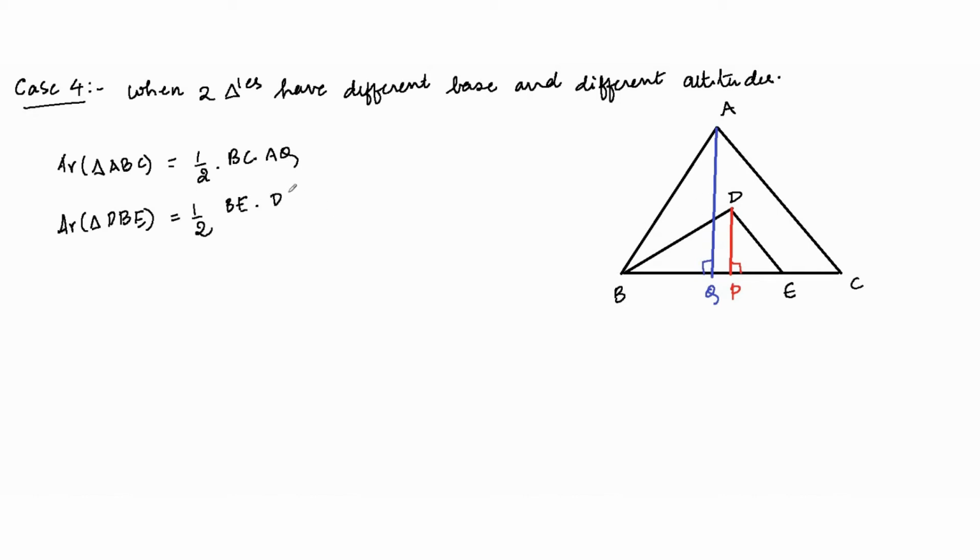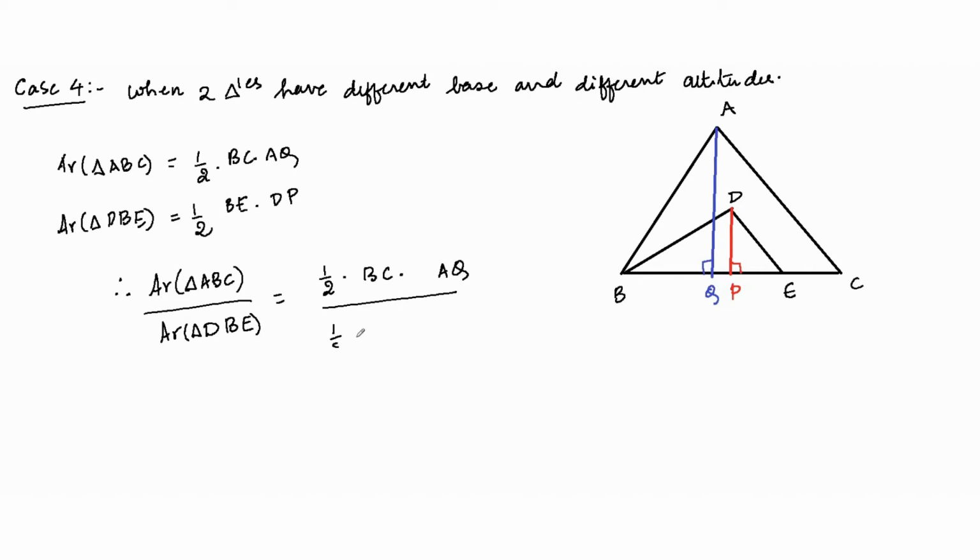The altitude is DP, right? And therefore, if I find the ratio of their areas, area of triangle ABC divided by area of triangle DBE will be given as half into BC into AQ divided by half into BE into DP, right? So half cancels. Therefore, this becomes BC upon BE multiplied by AQ upon DP, right?